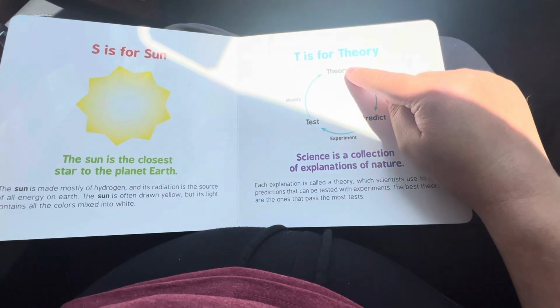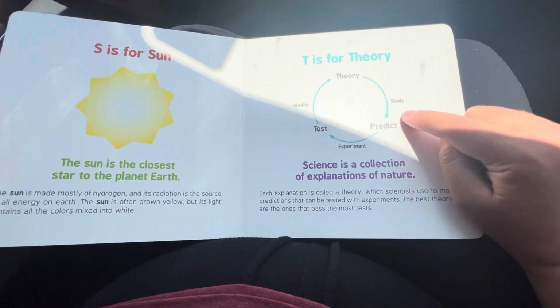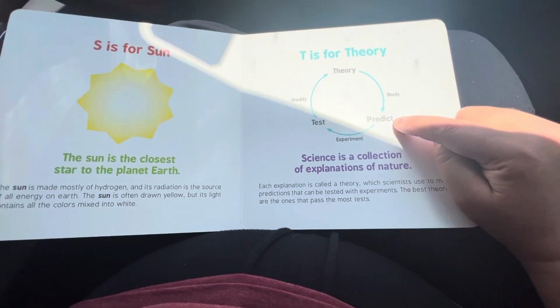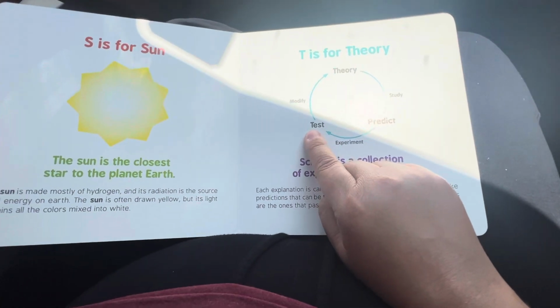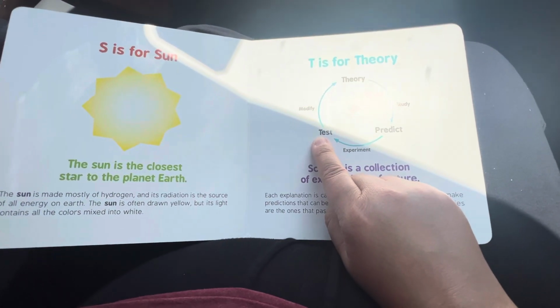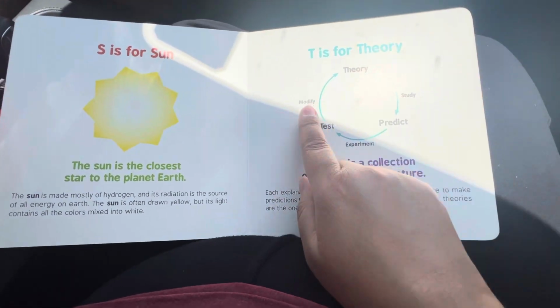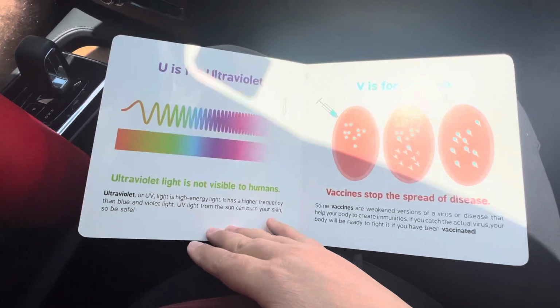So we start with a theory. We say we think this is how it works, and after we study it, we use the theory to predict what would happen in an experiment, and then we create the experiment and test it. When you look at the results of the experiment, you can decide whether it's a good theory or not. And if it doesn't quite fit, you can modify it to make a new theory, and that's how science works.